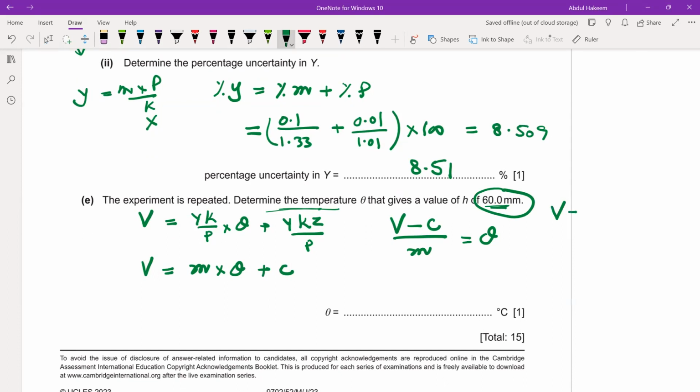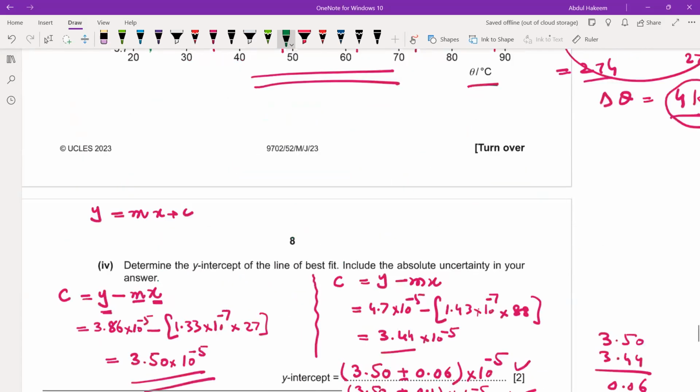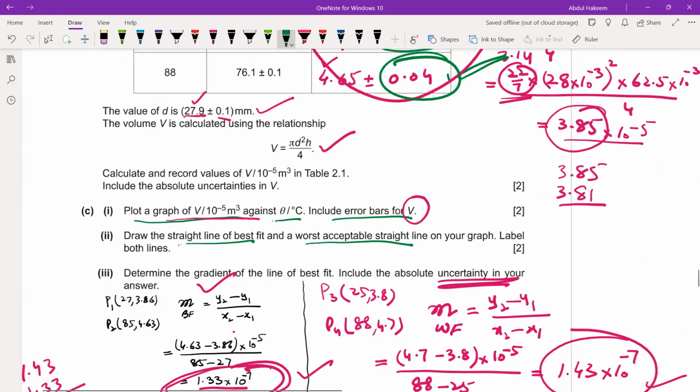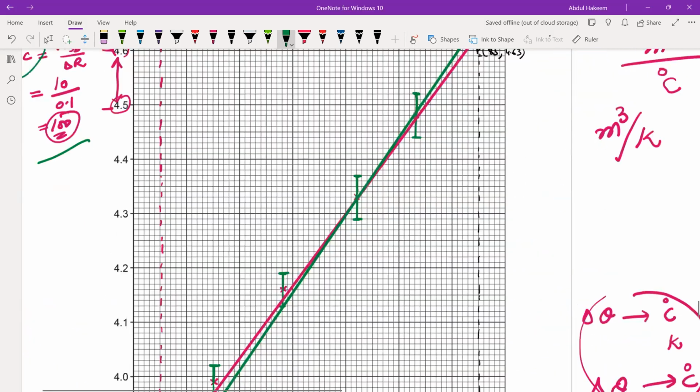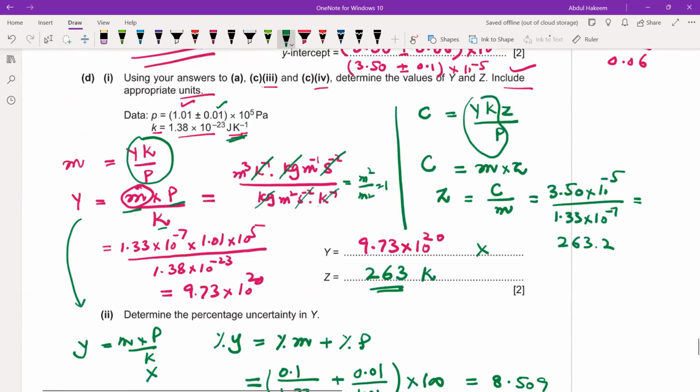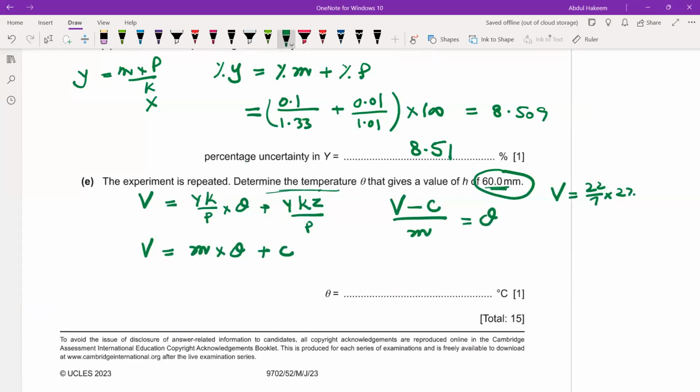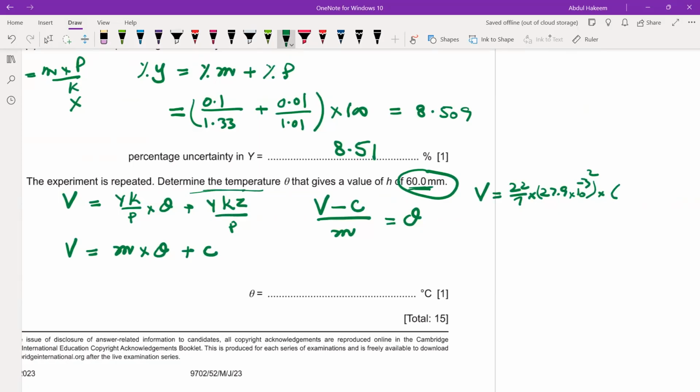So V is equal to 22 by 7, and this D is given here, which is 27.9. So we will write 27.9 times 10 power minus 3 for the meter, and multiply by H, which is 60 times 10 power minus 3 for the meter, divided by 4. And the answer for this is coming approximately 3.7 into 10 power minus 5.